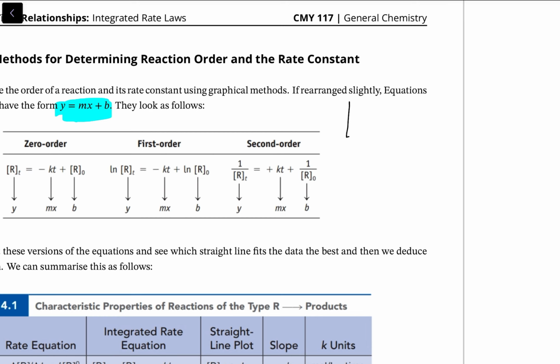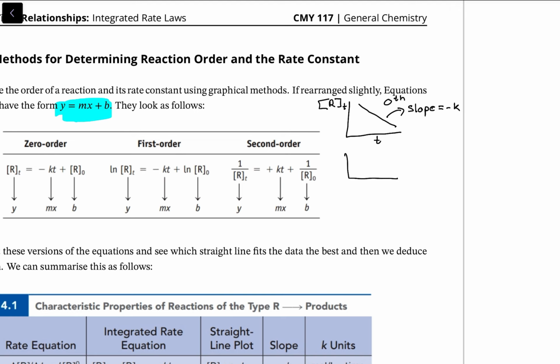So if you want to know whether something behaves according to 0th order kinetics, you need to plot Rt against time, and you should get a straight line with a slope equal to minus k.